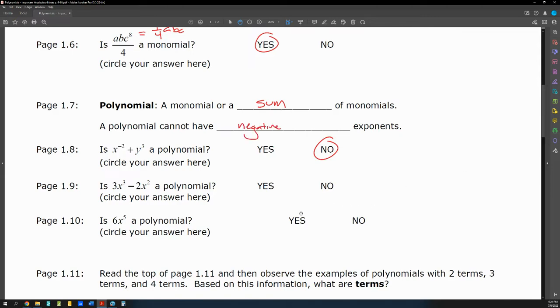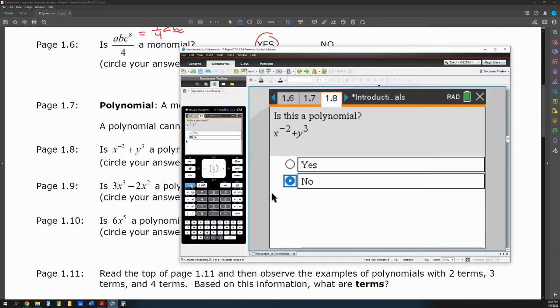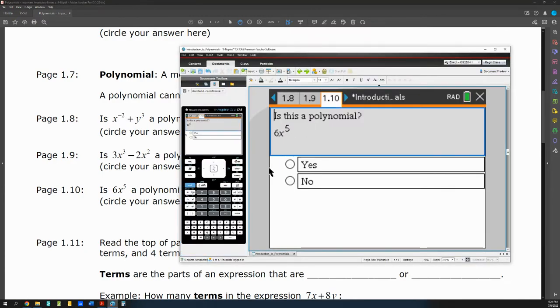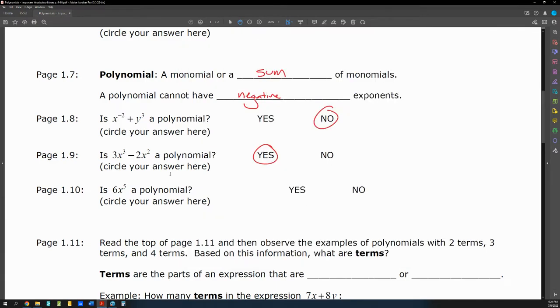What about 3x cubed minus 2x squared? Is this a polynomial? The answer, yes, it is. Only whole number exponents, and it's monomials separated by addition and subtraction. What about 6x to the 5th? Is that a polynomial? The answer, yes, it is. This would be a monomial.